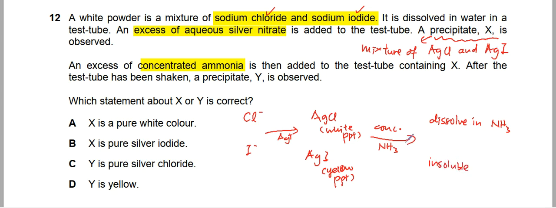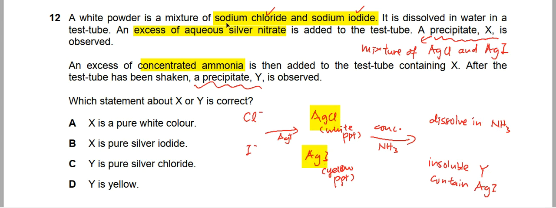So we expect the final precipitate, which is Y, will contain silver iodide only, because the silver chloride is dissolved in the concentrated ammonia.